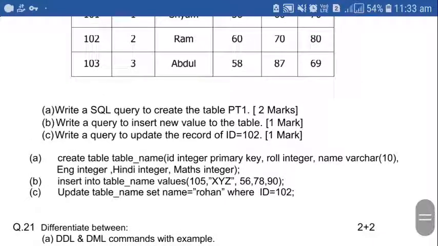Write a query to update the record of ID 102 as your own choice. So update, write the table name, set name Rohan, where ID is 102.